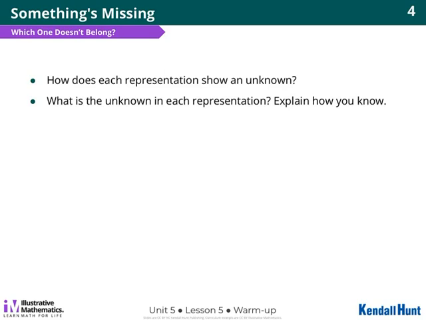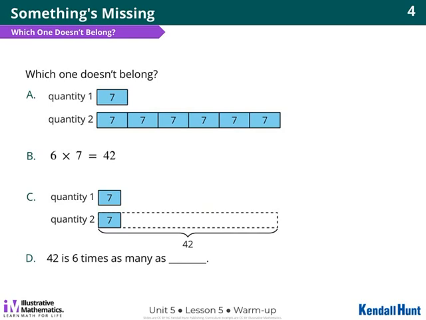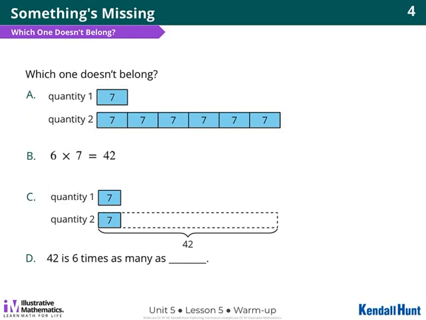Okay, so how does each representation, let me erase all of my marks. How does each of these representations show an unknown amount? Coral. So A, it doesn't have the answer. Okay.